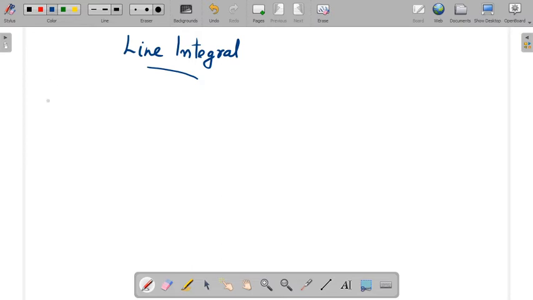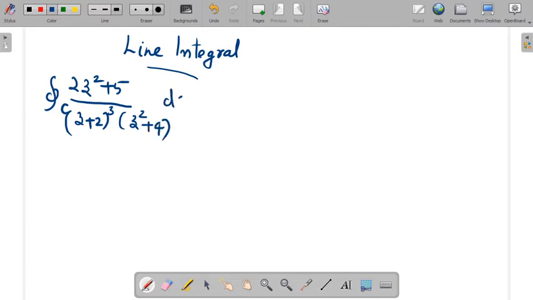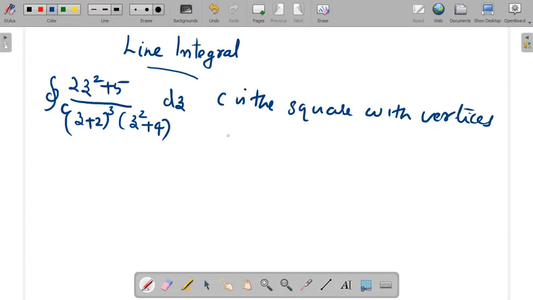So evaluate the integral over C of (2z square plus 5) divided by (z plus 2) the whole cube into (z square plus 4) dz, where C is the square with vertices 1 plus I, 2 plus I, 2 plus 2I, 1 plus 2I.